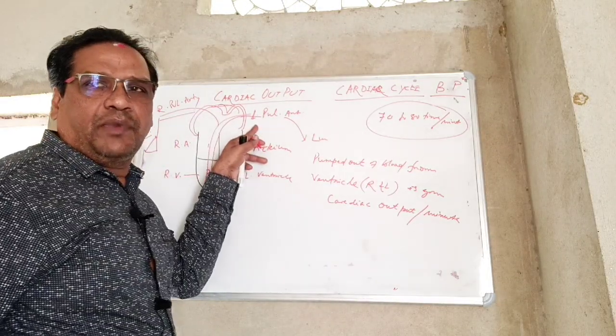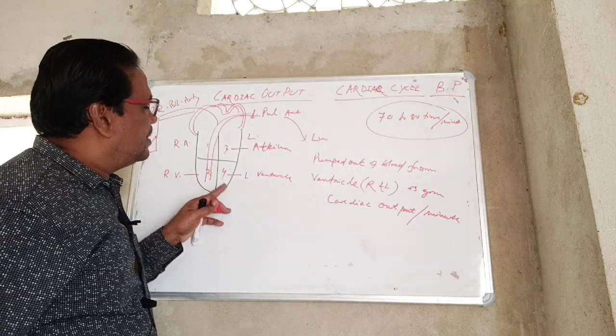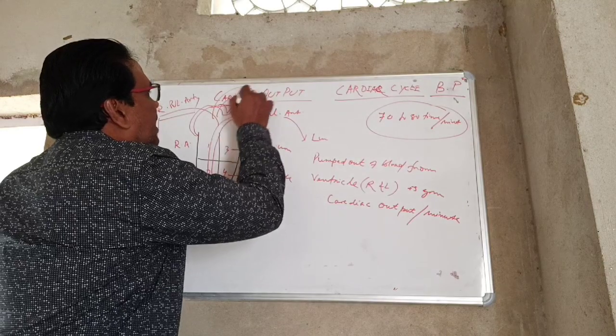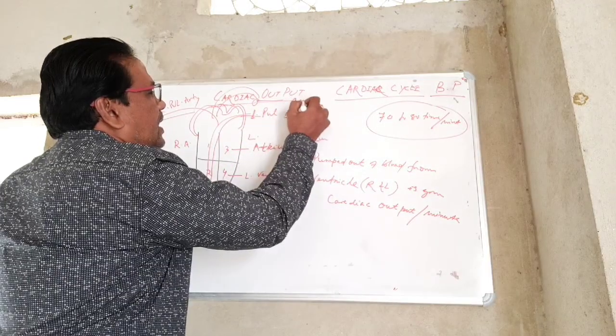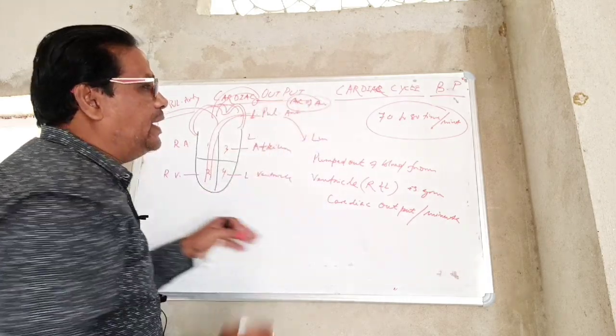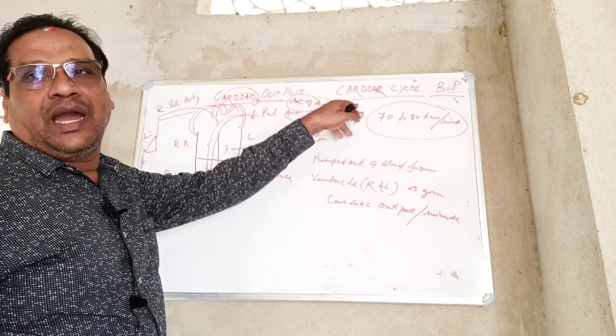That is the movement of pumped out blood. And second, from the left ventricle to the arch of the aorta. Per minute, the result is cardiac output.